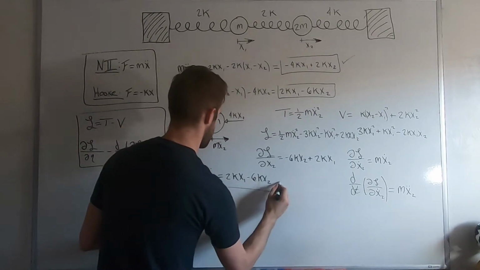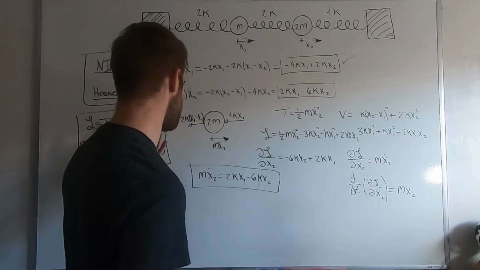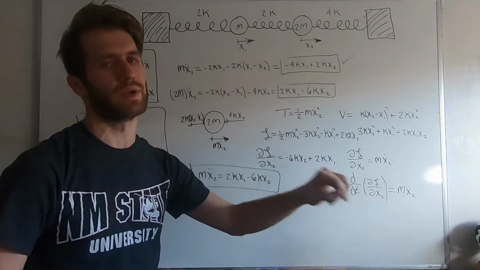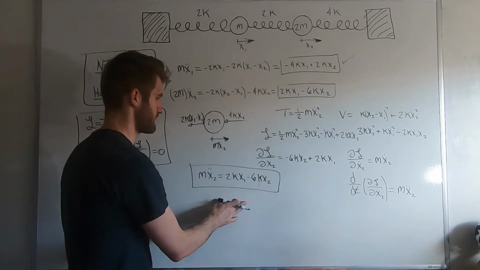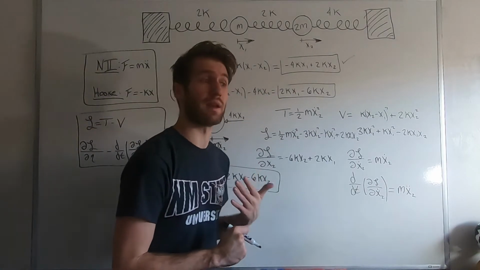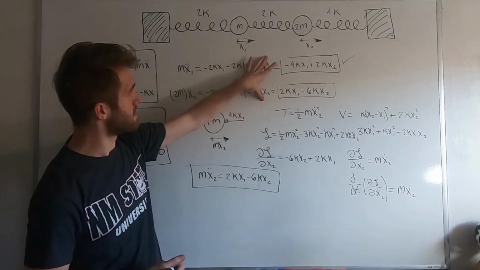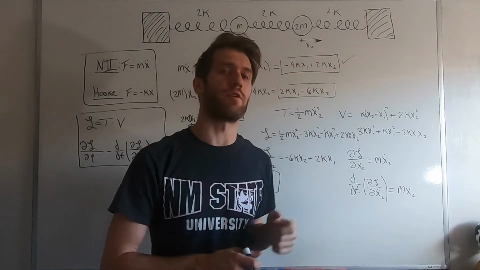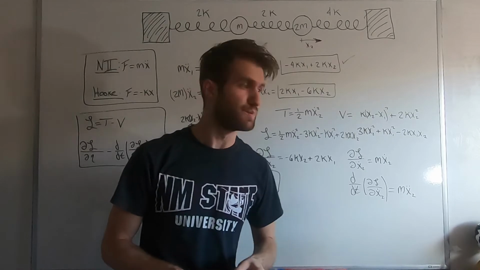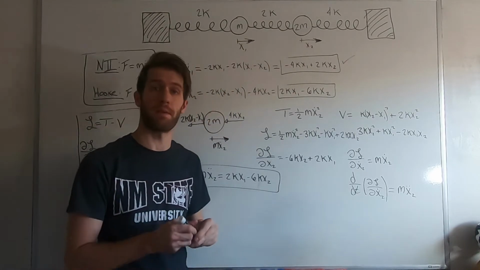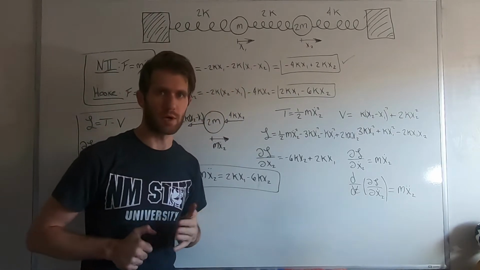All right, there we go. And as you can see here, this is exactly what we put together earlier. So this checks out, and now all we really need to do is take these equations and figure out what our frequencies of oscillation are. So I'm going to clear some of this up, and we're going to start going through it.